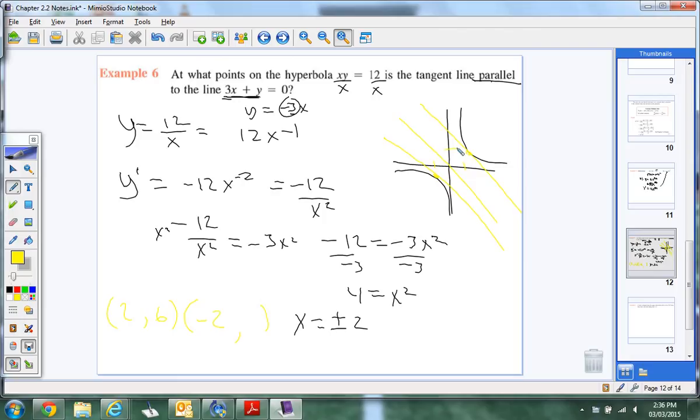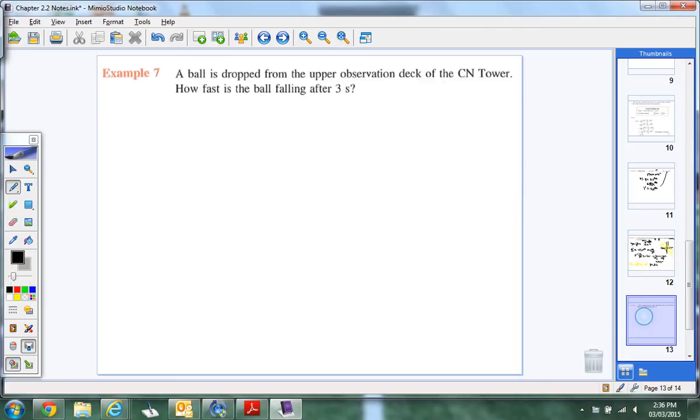So that's 6. And then if I did negative 2, you'd get negative 6. So 2, 6, negative 2, negative 6. Cool. All right, last one. Everybody looks pretty happy. That's good.